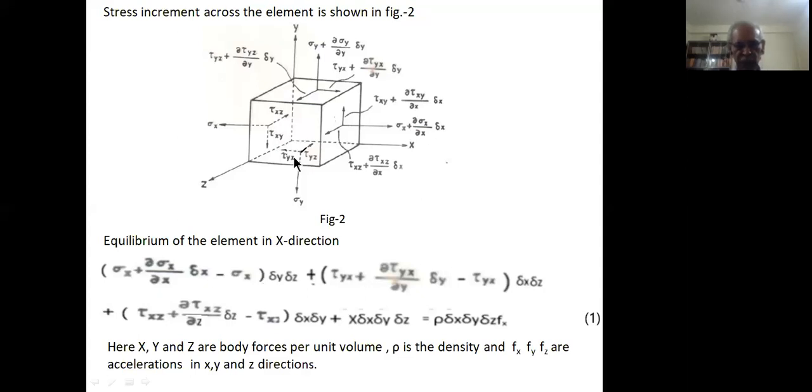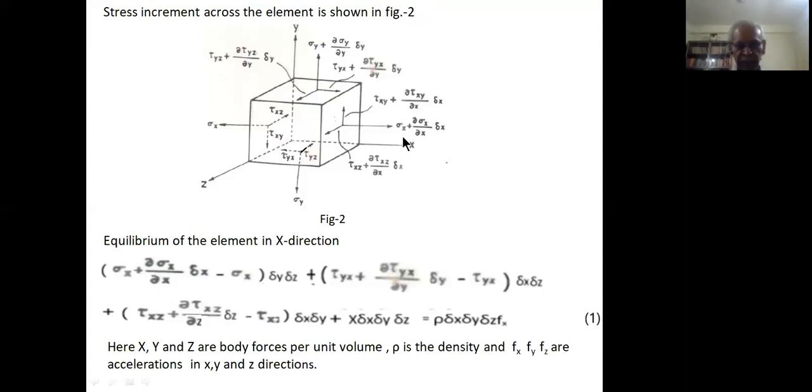Similarly, tau xy, which was acting downward here, will be acting upward here to balance, but there is a small change, tau xy plus del tau xy by del x into delta x. They're all changing in the x direction, and hence the rate of change is with respect to x.